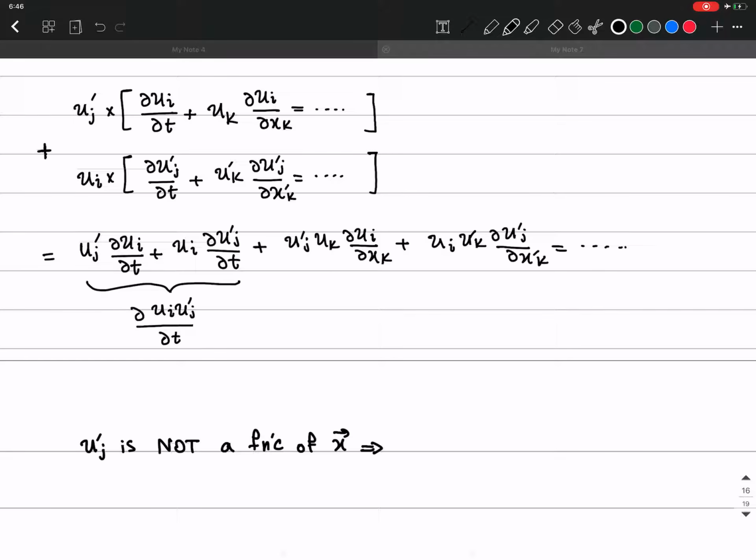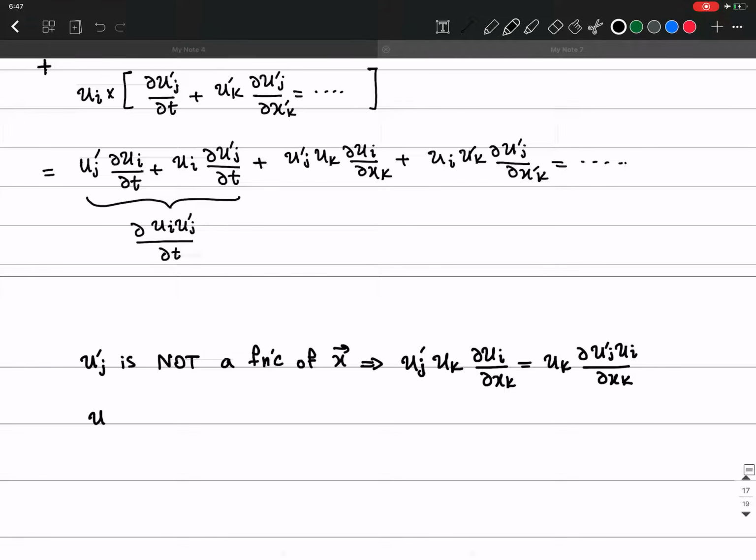So uj prime uk partial ui over partial xk equals uk partial uj prime ui over partial xk.